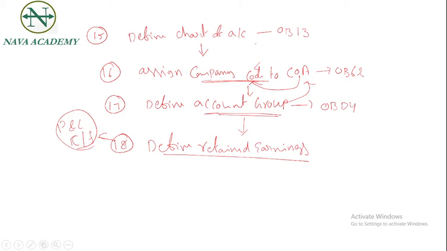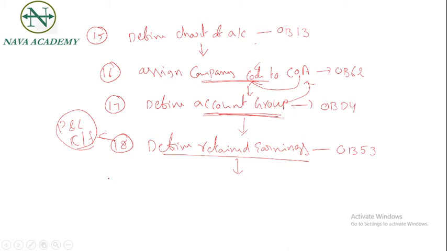Under the account group, define retain earnings. T code OB 53.